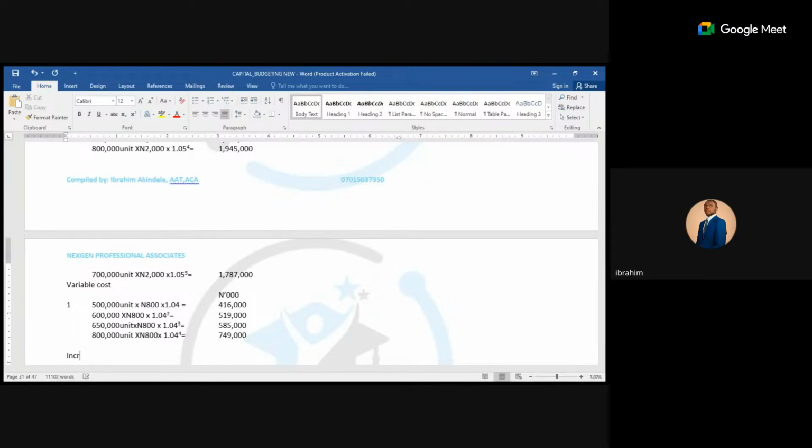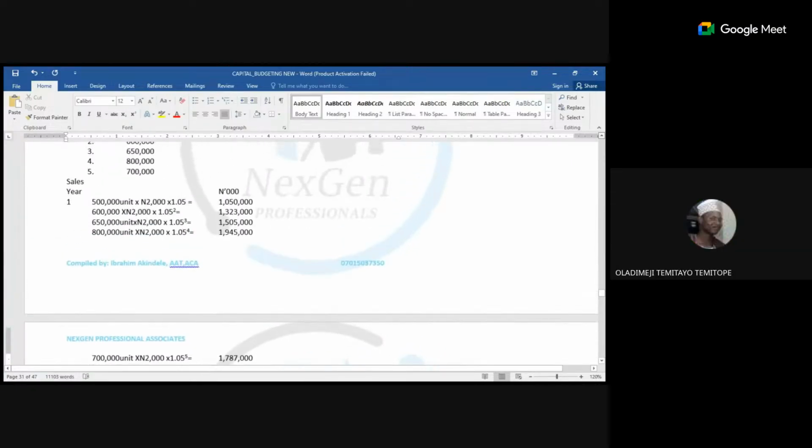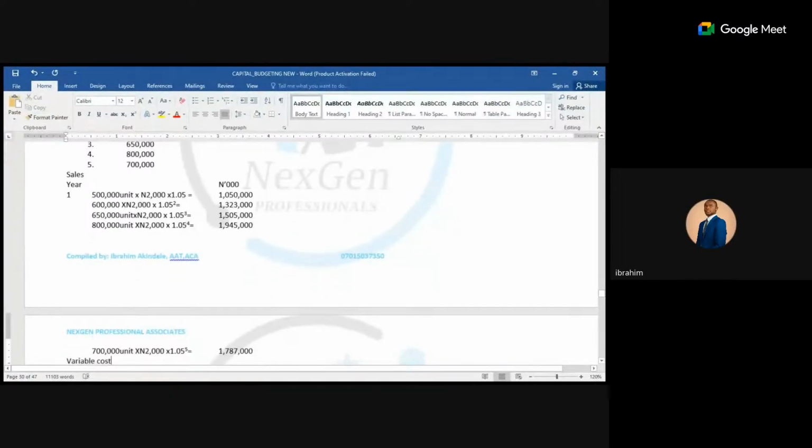So after variable costs, we have incremental. Is it not up to 5? The sales, is it up to 5? Oh, it's up to 5.